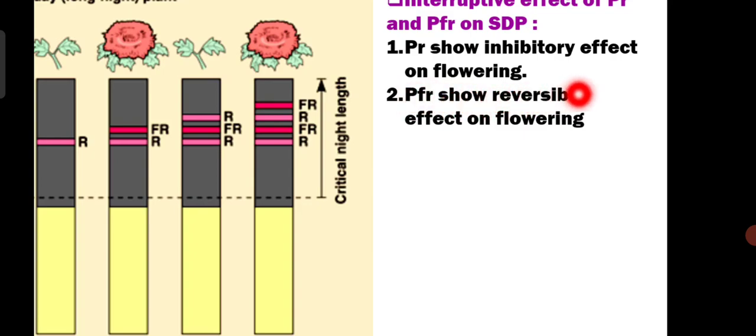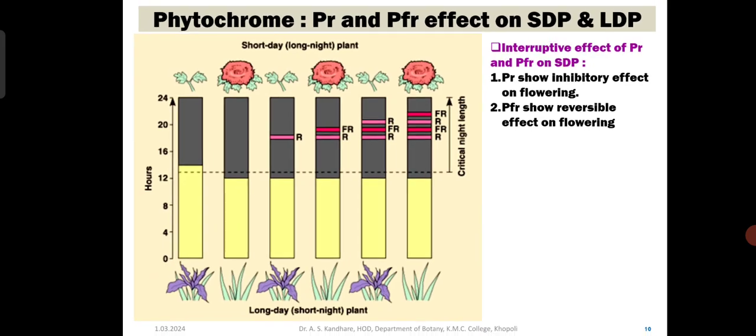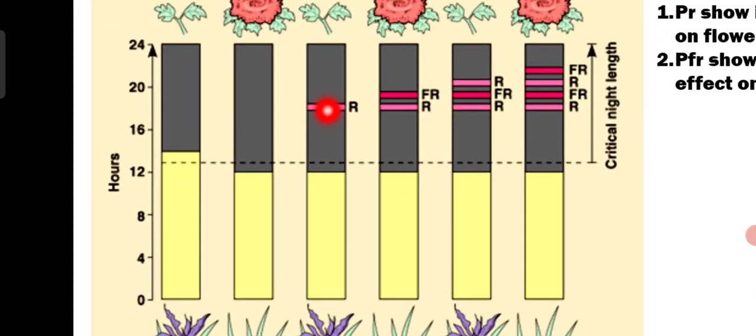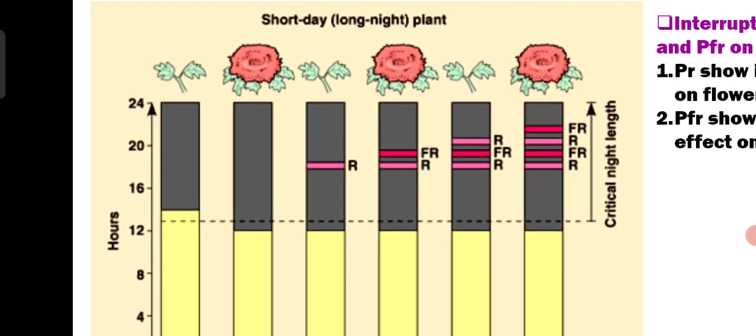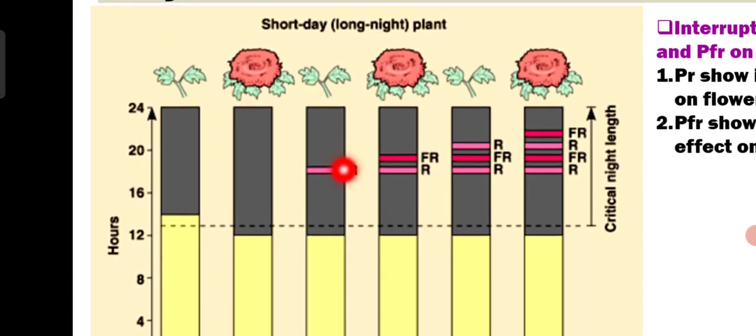Phytochrome far red shows a reversible effect on flowering. Here we saw that when this dark period is interrupted by red light wavelength, there is no flowering, but when this red wavelength of light is immediately followed by far red light wavelength, you can see this flowering ensues here, isn't it?